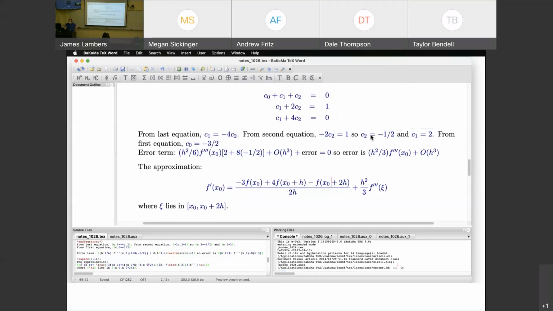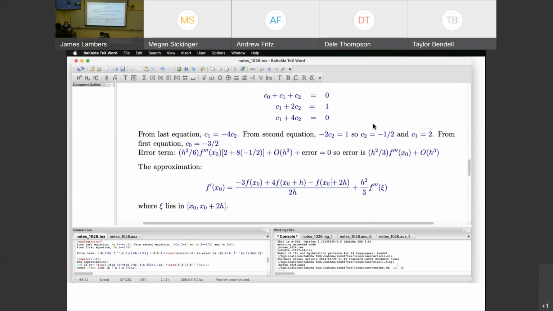Then this approximation would just be the sum of all the coefficients times that constant. But the derivative of a constant function is 0. We need to make sure that if f is a constant, the approximate derivative ought to be 0. That's why the sum of the coefficients has to be 0.